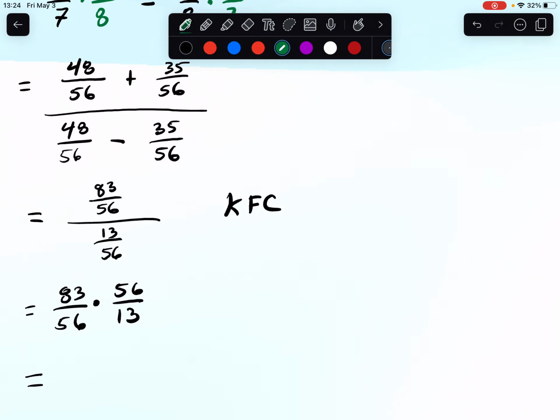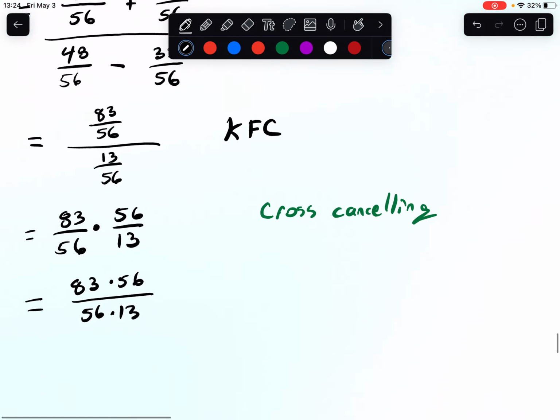I haven't been doing this quote-unquote cross canceling before, but here it makes sense because I don't really want to multiply 83 and 56. I can. So here's our hedge: 83 times 56 over 56 times 13. Everything is being multiplied, so those 56's will cancel. What it would look like in cross canceling is you would cross over the 56's, and we'd be left with 83 over 13.